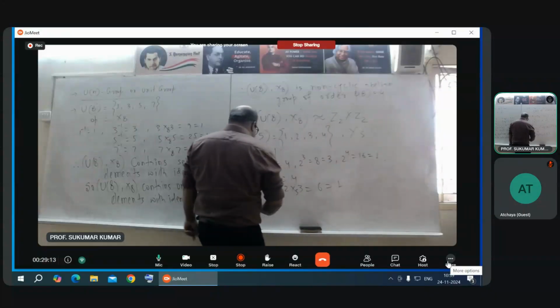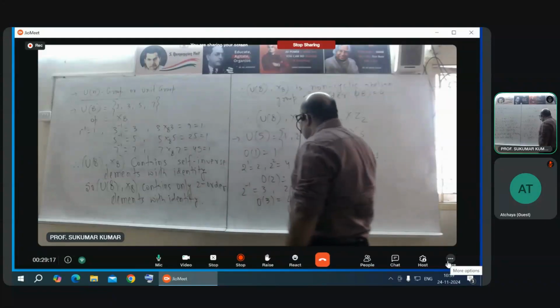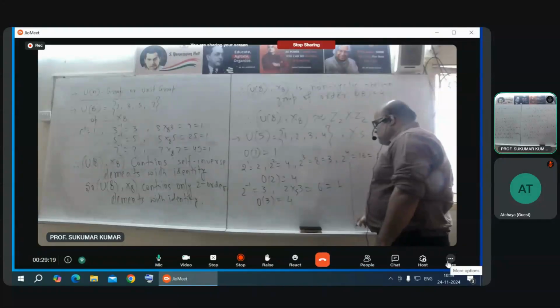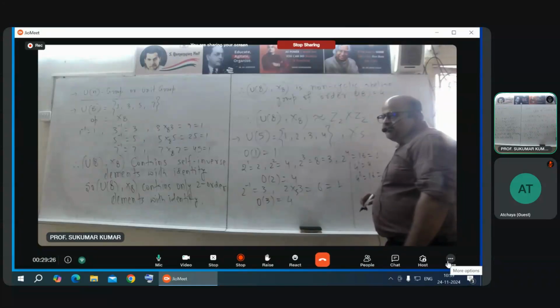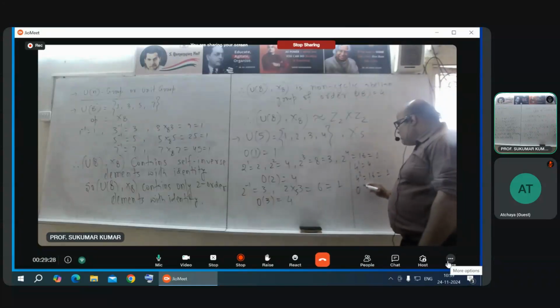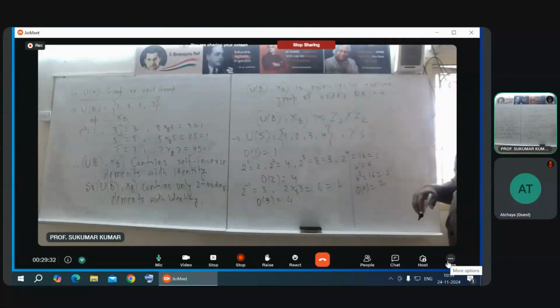So we can write that 3 is also a generator. So order of 3 is 4. 4 is not a generator, correct? Because 4 power 1 is 4, 4 power 2 is 16, modulo 5 is 1. So order of 4 is 2. So here 2 and 3 are generators.